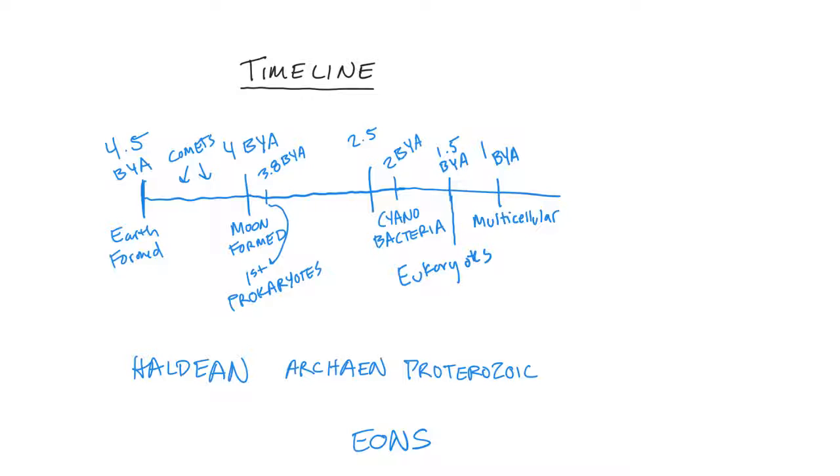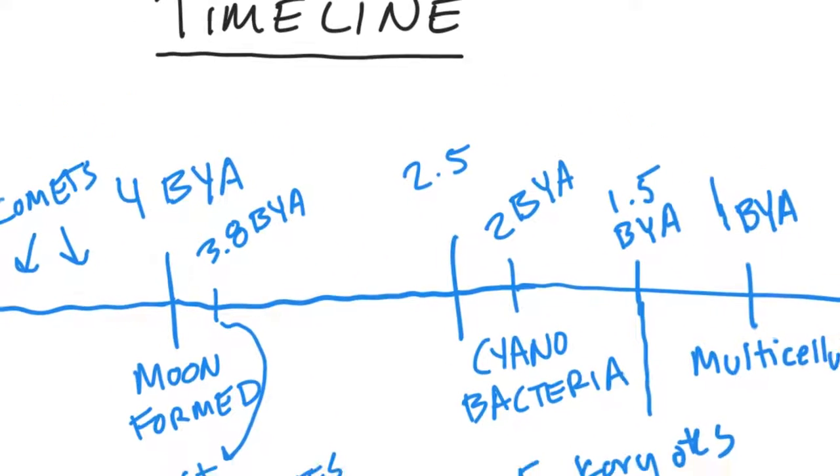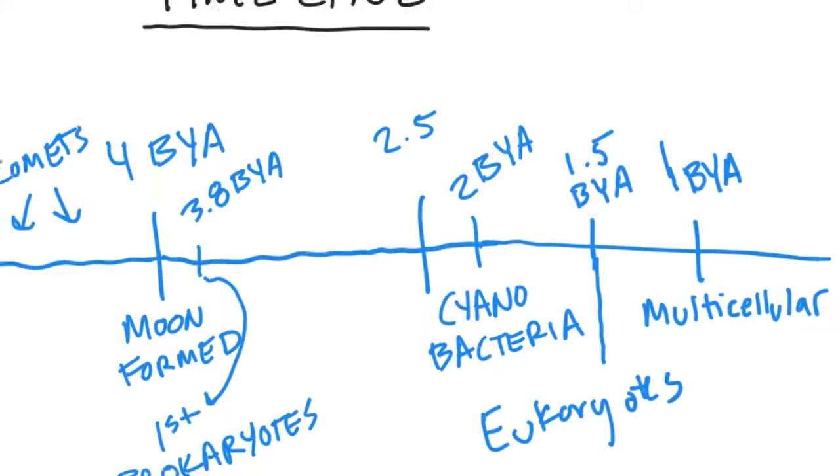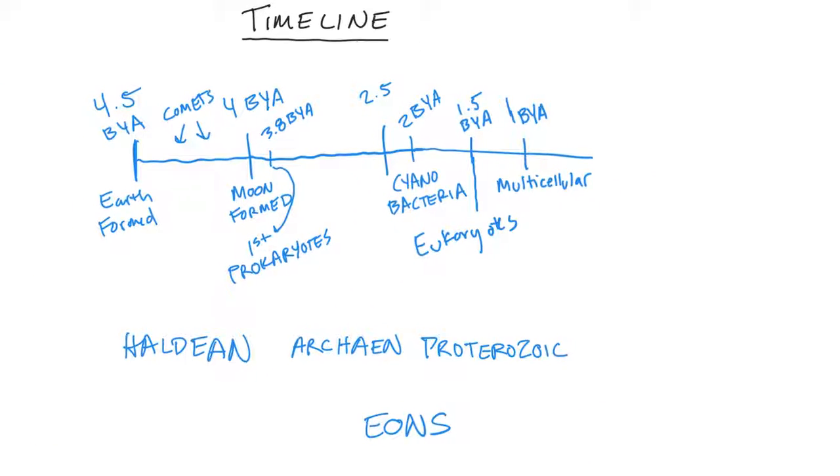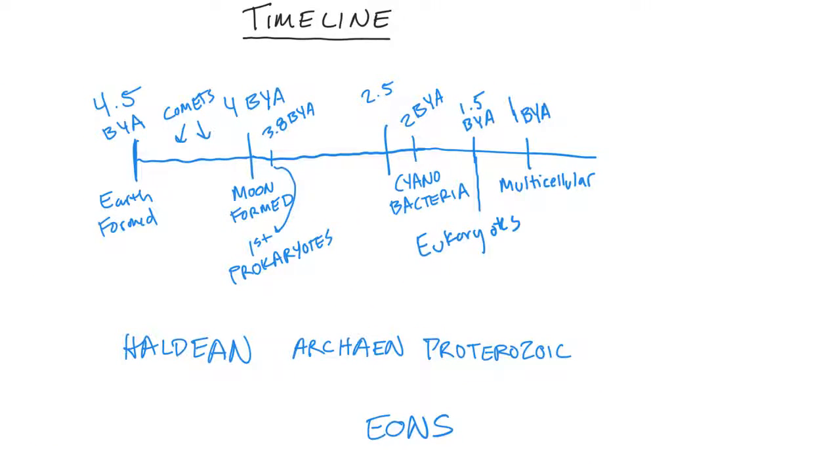Is that 2 BYA or 2.5 BYA for the cyanobacteria? Cyanobacteria is 2.2, yeah. 2.5 is just the beginning of the Proterozoic. So then you have multicellular organisms.